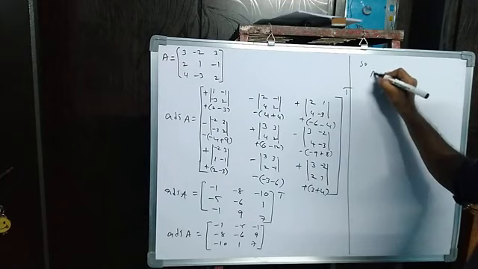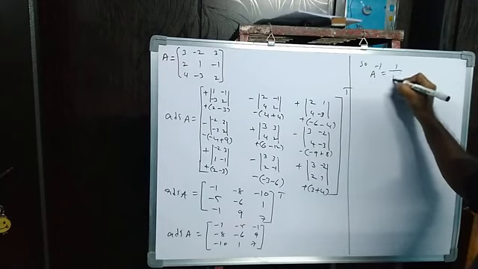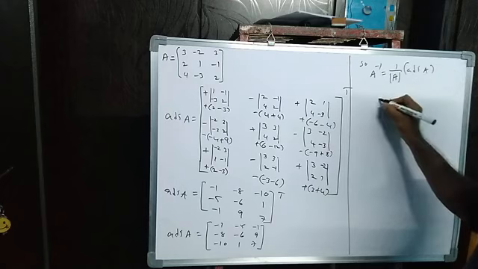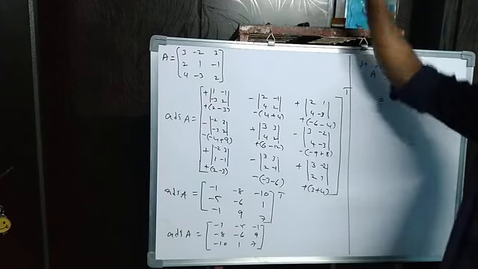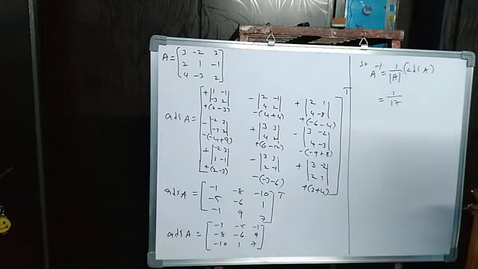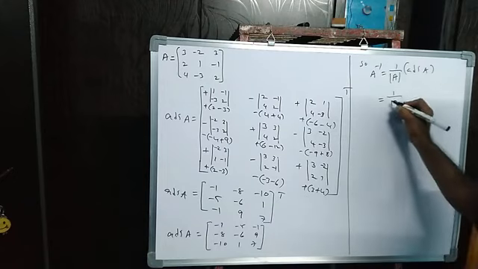Yes. So next what will we find? What is A inverse here? A inverse is equal to 1 by determinant A into adjoint A. We got the determinant A also. What is the determinant value? Minus 17 we got. Okay.